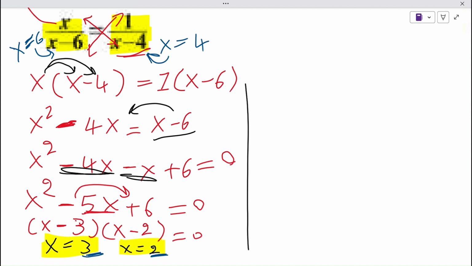So let's check our answer. At first, if x is equal to 3, put this x into the equation.